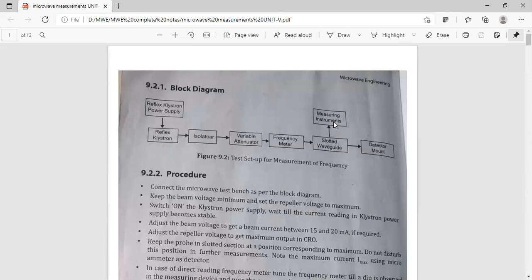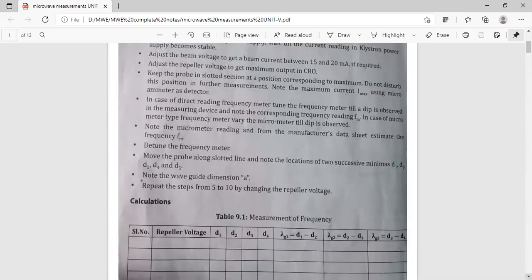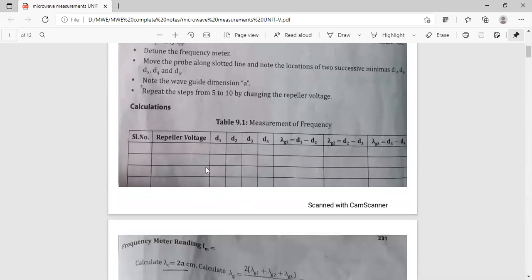You can use a CRO; generally for frequency measurement we use a CRO. There is a detector mount. You can follow the procedure like this, but even the procedure you follow in your lab you can write, no problem. But you have to remember this tabular form.